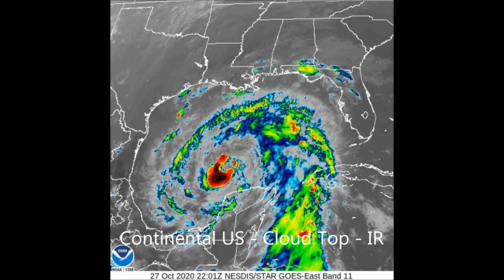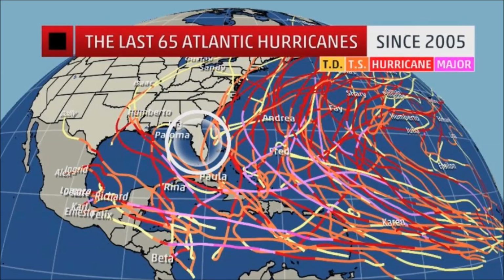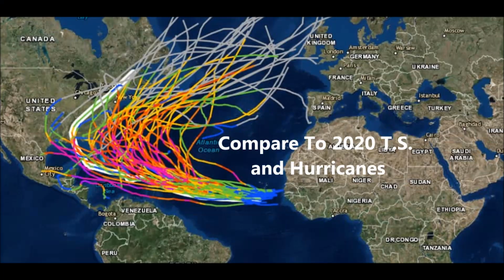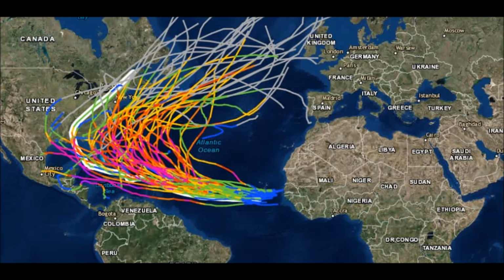But in the last 4 years, we've seen an extraordinary number of hurricanes ending up in the same geographical location, the exact same spot as previous hurricanes. So what's going on? Makes you wonder.